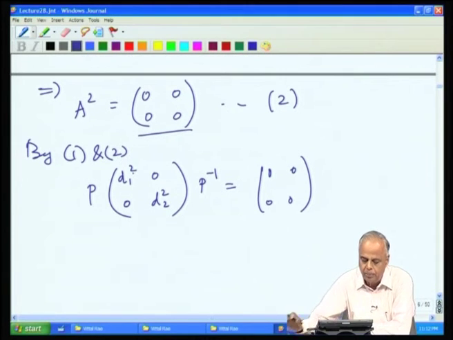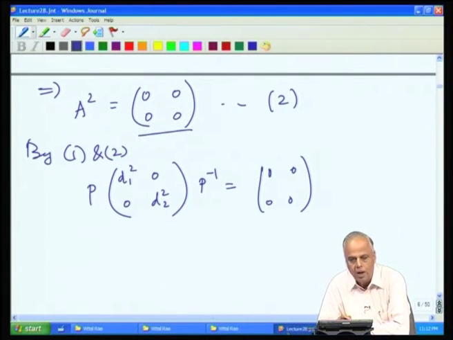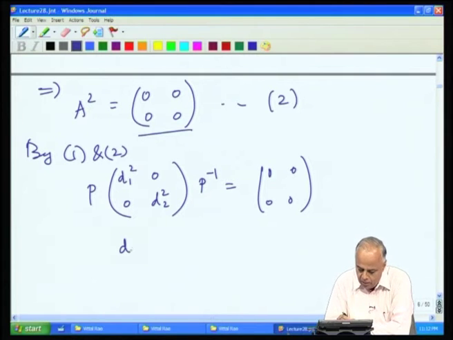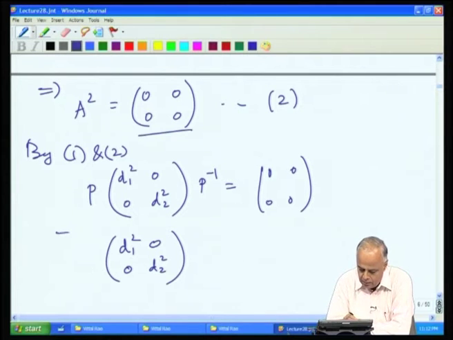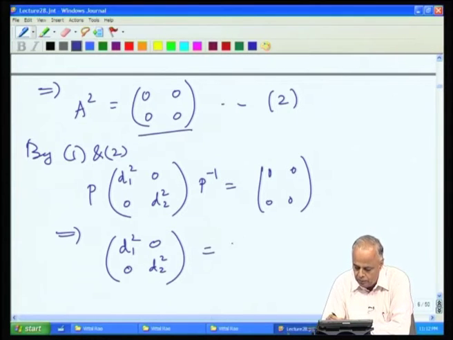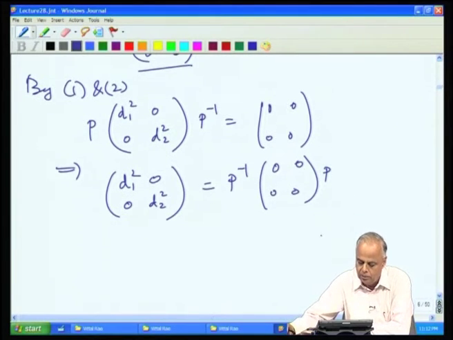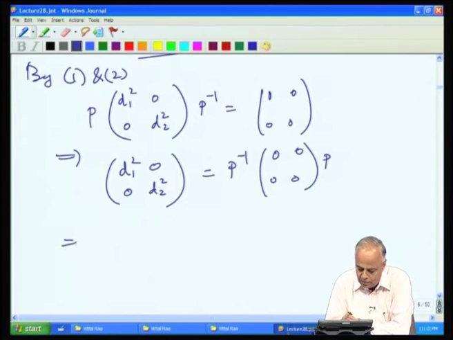Now, we again pre-multiply by P inverse and post-multiply by P, we get D1 squared 0 0 D2 squared is equal to P inverse into 0 0 0 into P, but 0 multiplying any matrix is 0.